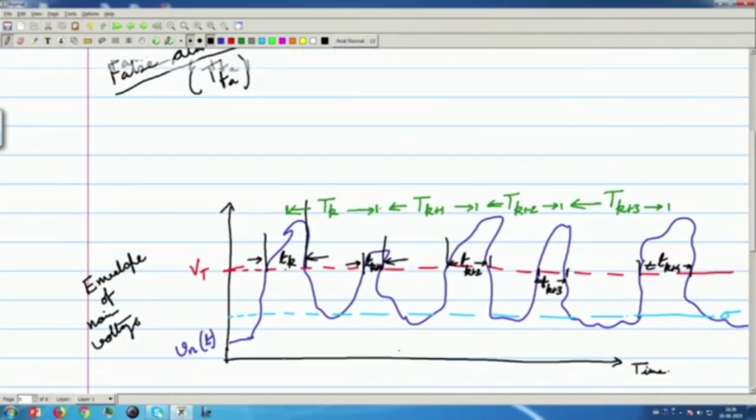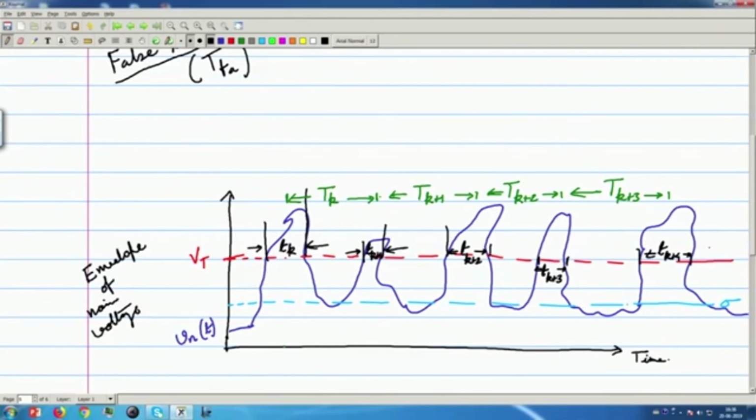That means, here if I put it, you see, suppose I am observing from here to here. So, throughout this noise could have crossed the threshold, but it actually did not. In this instant it stayed there for T k, stayed there for T k plus 1, stayed there for. So, these are successes and this is the total.